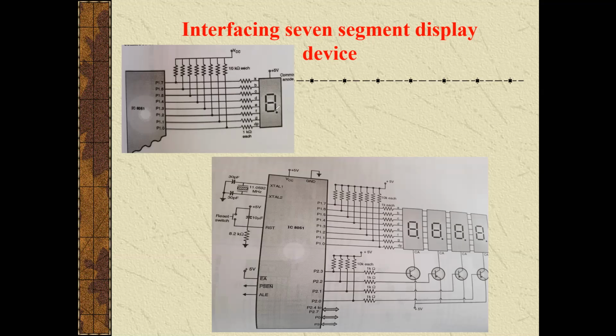To drive multiple 7-segment displays, it is difficult to spare a separate port for each display. For example, to interface 4 7-segment displays, we will require 4 ports. See here, if we want to display 4 digits, then we have to connect 4 different 7-segment displays. Each displays 1 digit from 0 to 9.